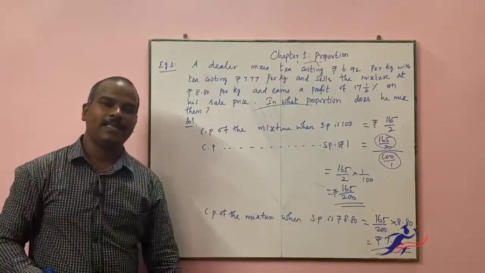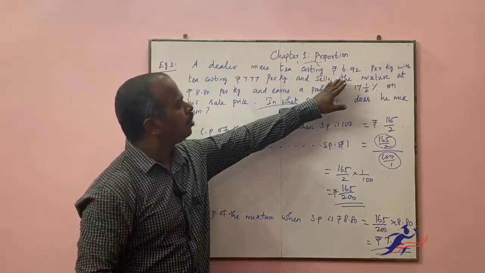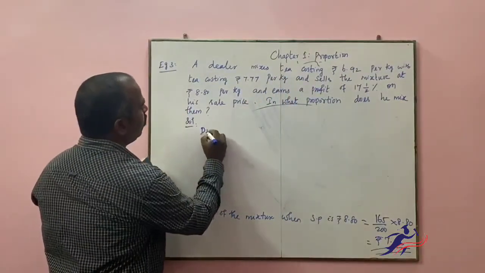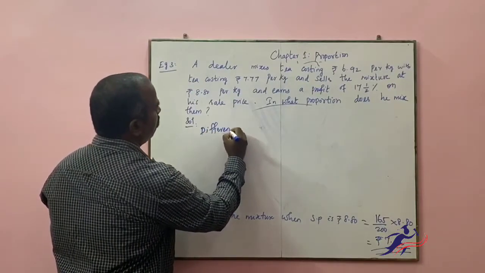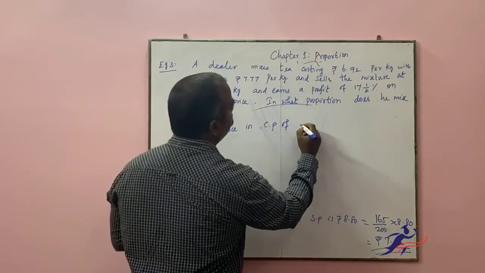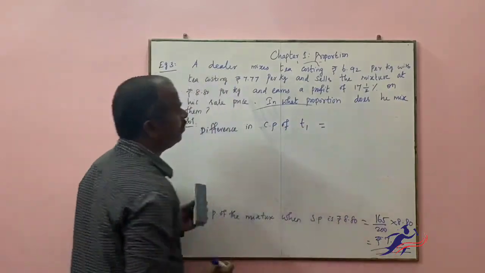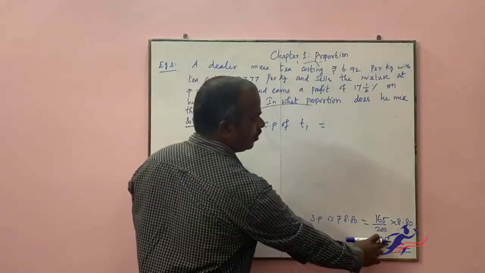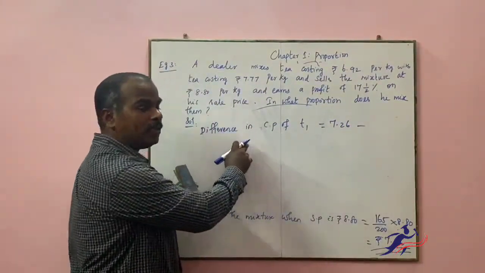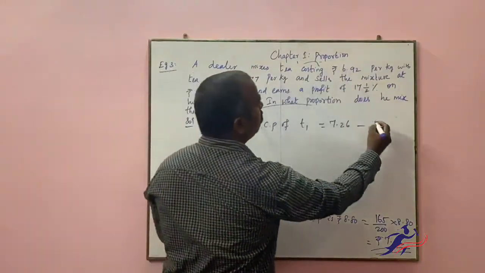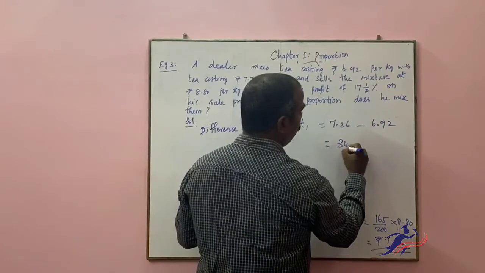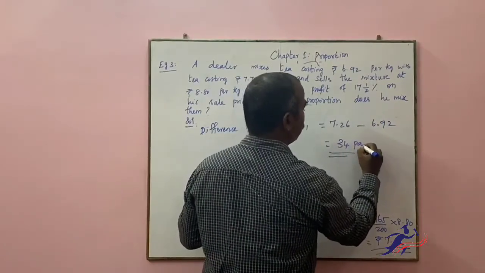Now we can check the difference in the cost price of the first tea and the second tea. Difference in cost price of T1: the mixture is 7.26 rupees, minus the cost of the first tea, 6.92, equals 34 paise.